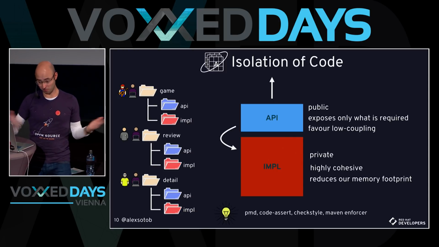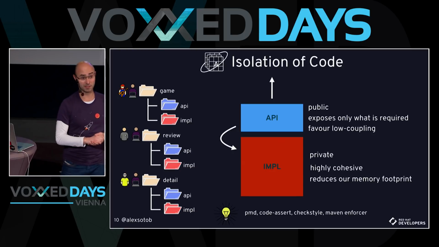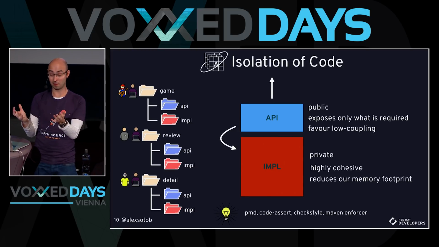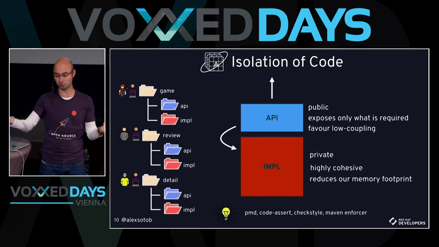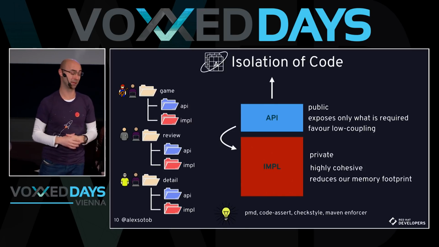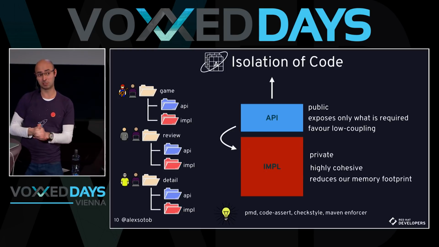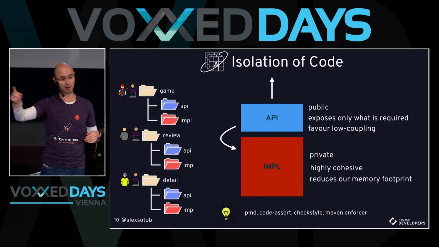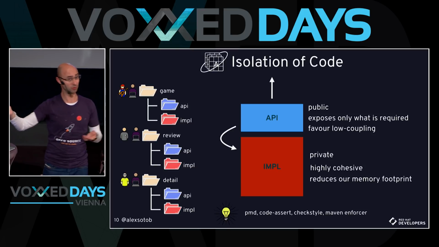And yeah, the problem with this is that, of course, everyone can just go to the implementation folder and say, yeah, and this class is public, right? So for this reason, you need to enforce your code review. You need to do code reviews and say, hey, look, this is an IMPL and it's public, so please don't do this.